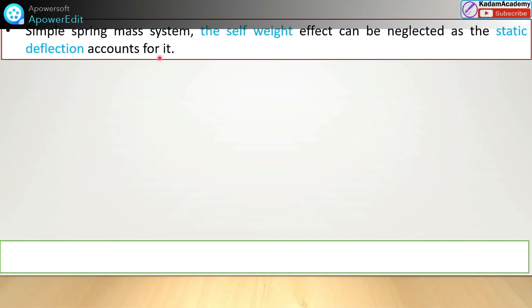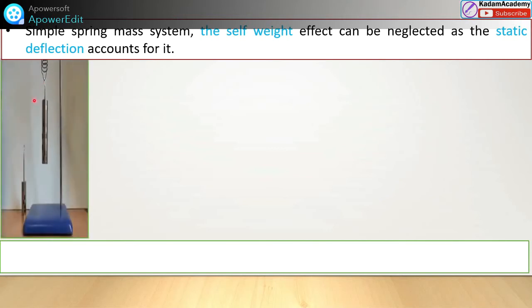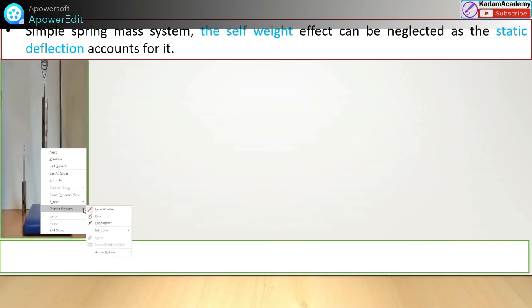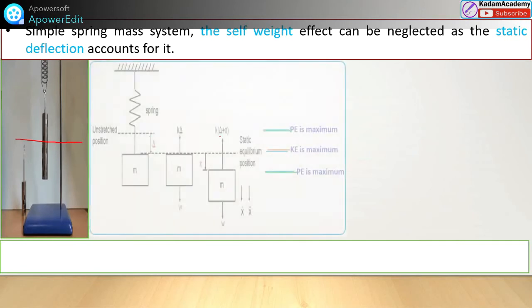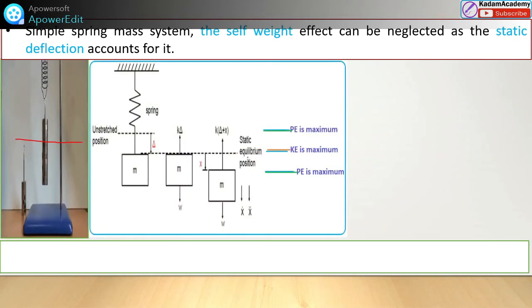This is the spring mass system: the spring is attached at one end and the mass at the other, deflecting by some static deflection. Here is the static equilibrium position.